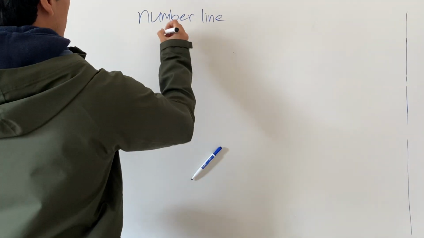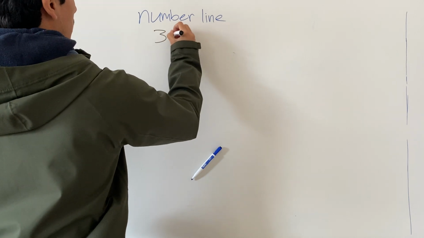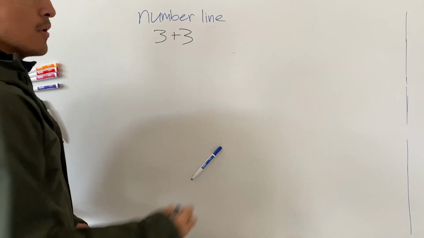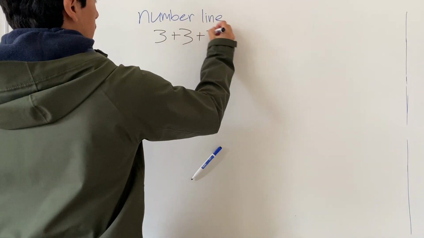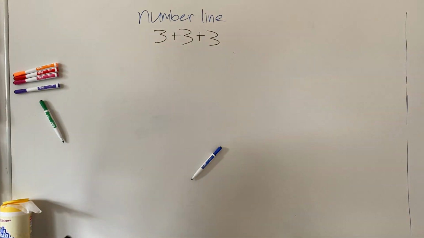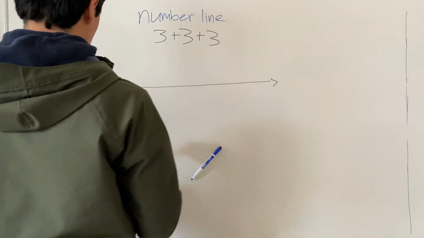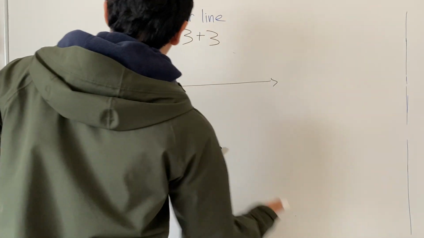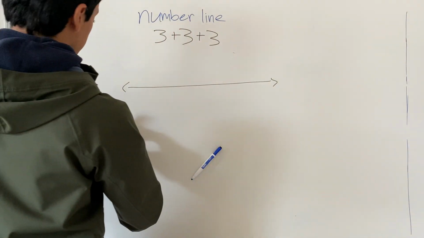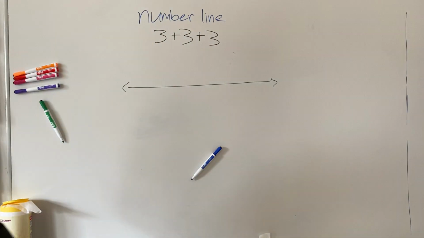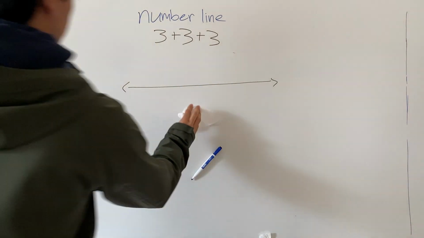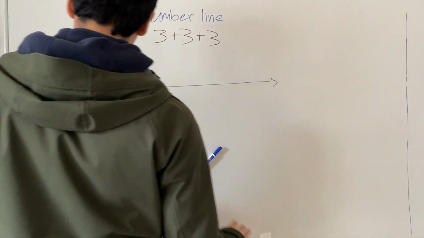Let's say we have 3 plus 3 plus 3. If we have that, how can we solve that using a number line? Well, same as our other ones, right?